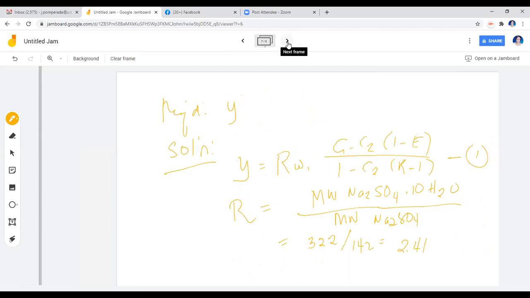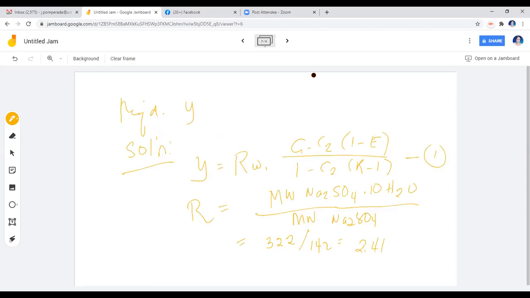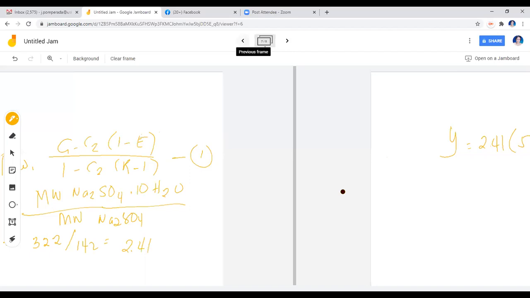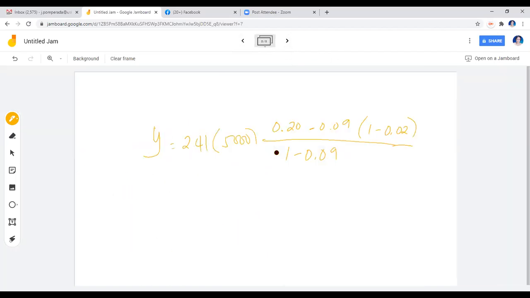So we will place it in here. You have 0.2 minus 0.09. And based on the formula, we have 1 minus E, so this 0.09 will be multiplied to 1 minus 0.02. Our denominator is 1 minus concentration 2, multiplied to R minus 1.